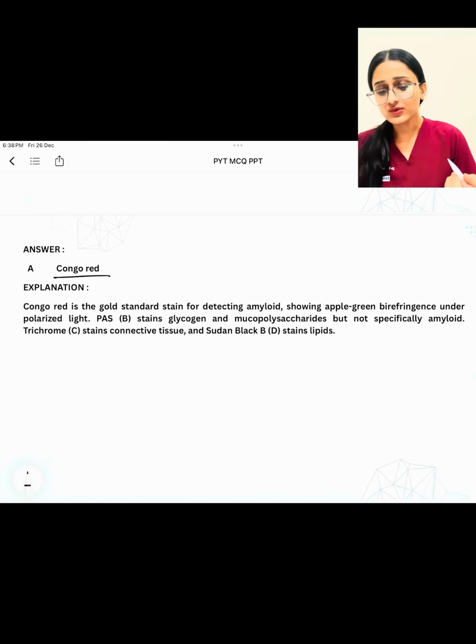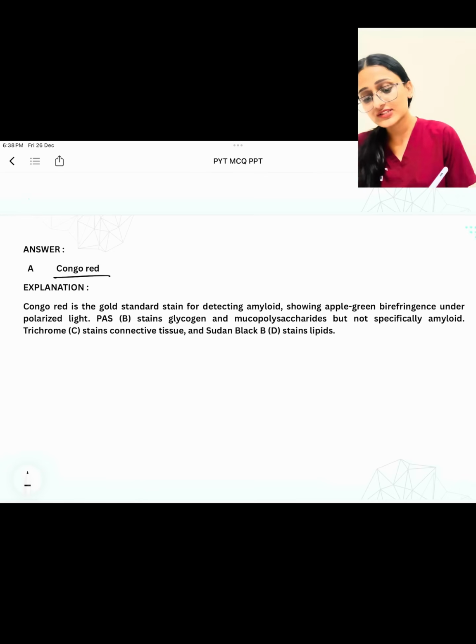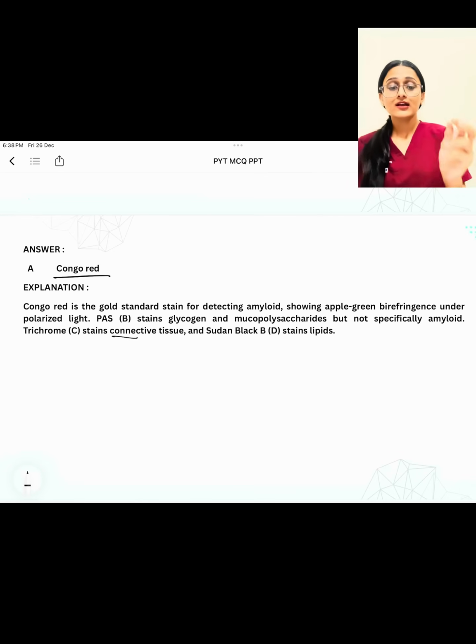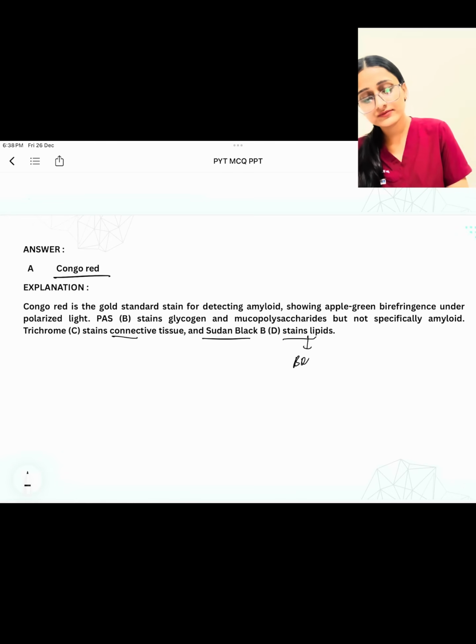And PAS, we know it stains glycogen, mucopolysaccharides, and basically for basement membrane, but not specifically amyloid. And trichrome stains connective tissues, and Sudan black B stains lipids. Lipids basically we can use for bone marrow, leukemias, and all these.